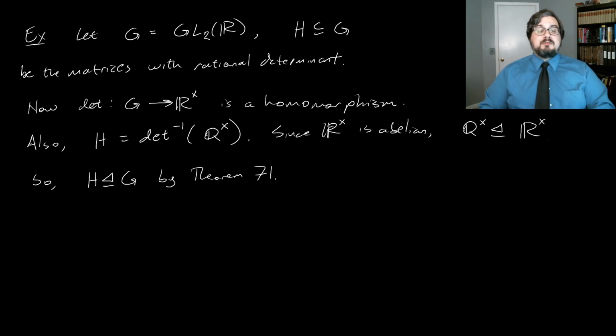So we didn't have to go through the one-step subgroup test. We didn't have to check the normality condition directly. Simply by showing that it is the preimage of a normal subgroup under a group homomorphism, you prove all of those things.